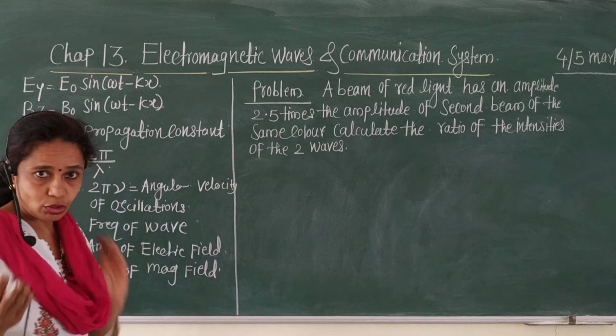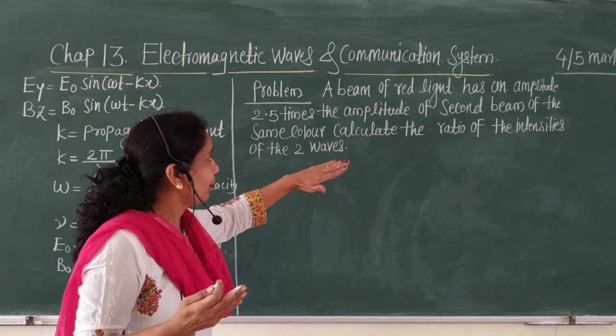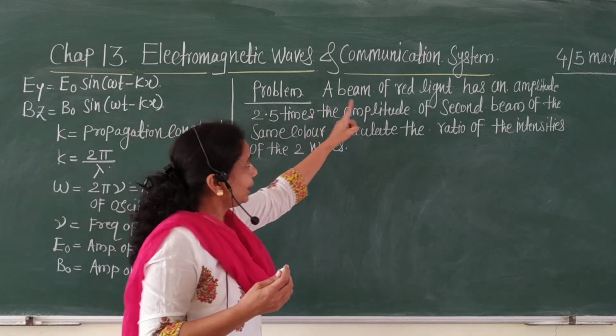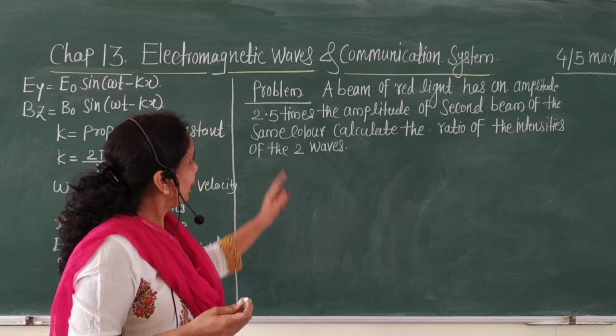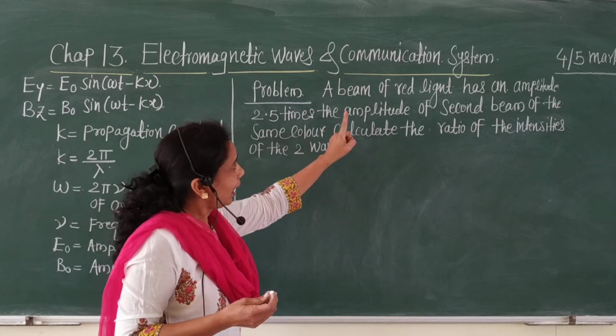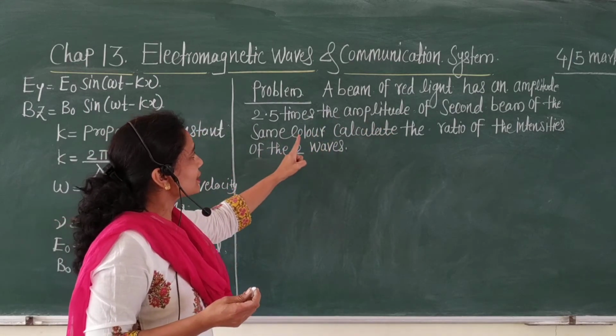Okay, let us solve some problems related to electromagnetic waves. First problem: A beam of red light has an amplitude 2.5 times the amplitude of a second beam of the same color.